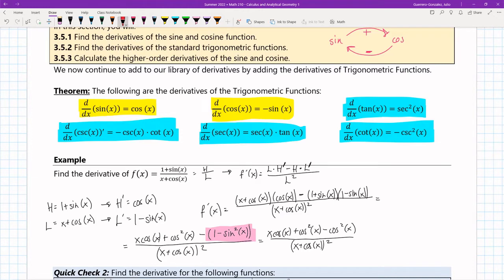You have a negative one here, a positive one there, so this cancels out to x cosine of x all over x plus cosine of x quantity squared.